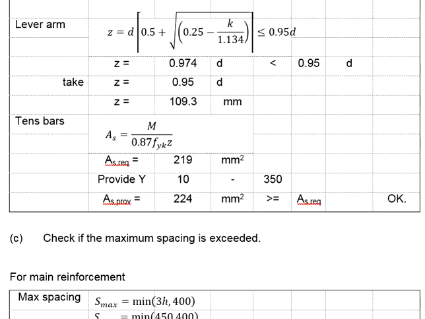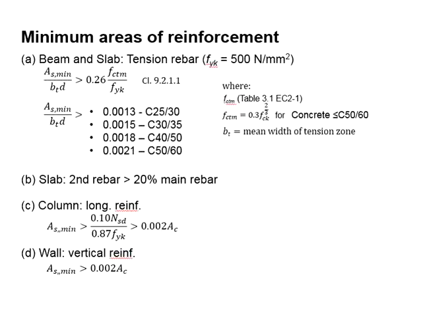You know that the shorter span will be the main reinforcement, and then the secondary reinforcement will be at the longer span. Whatever reinforcement that you found in the longer span, you will need to make sure the provided amount of reinforcement bar is greater than 20% of your main bars.